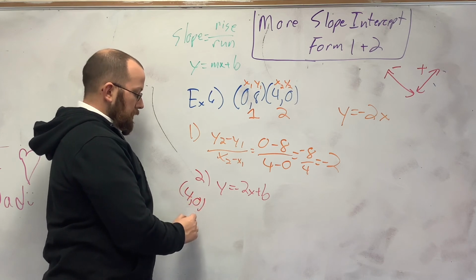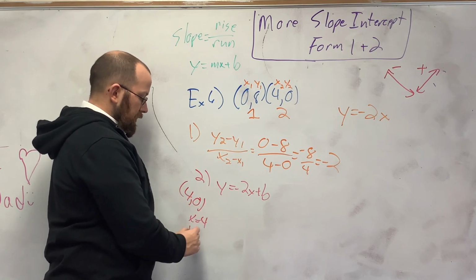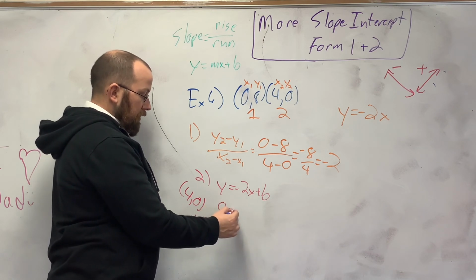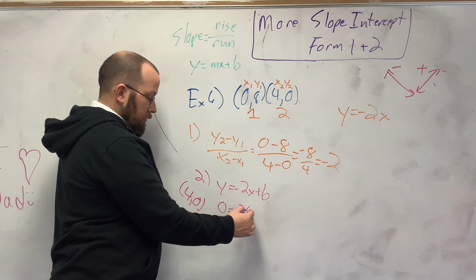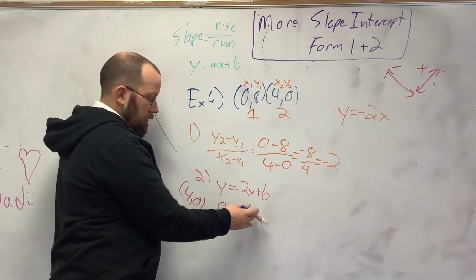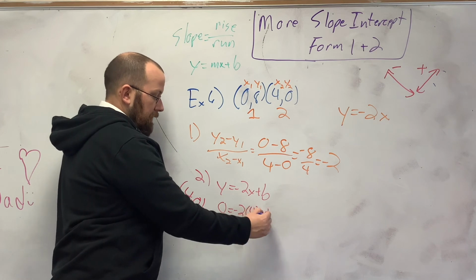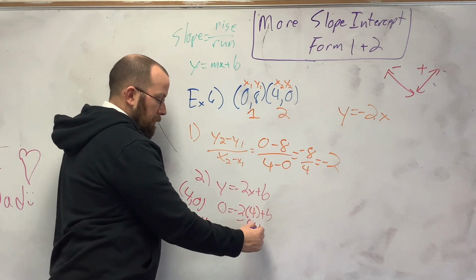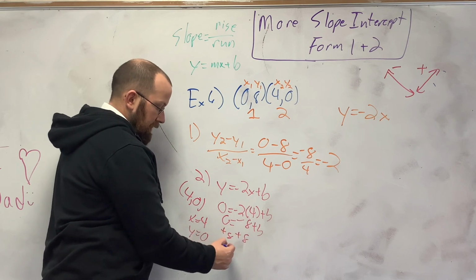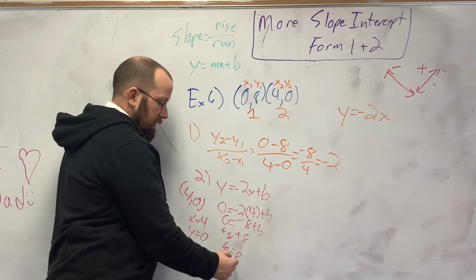If you're smart, use the other one, but just for the fun of it, we'll do this. So I plug in 0 for y, then negative 2 times 4 plus b. So that gives me negative 8 plus b equals 0, plus 8 plus 8, b equals 8.